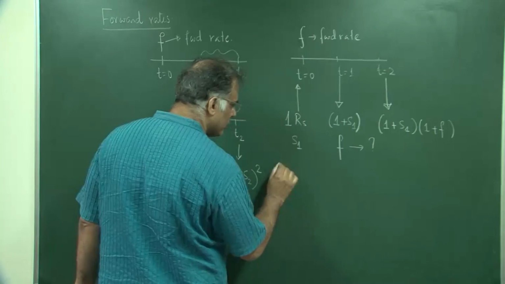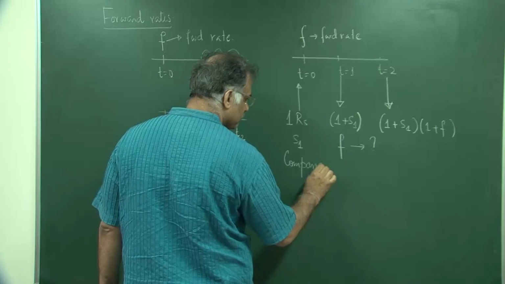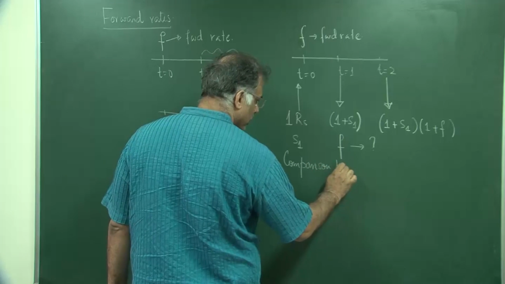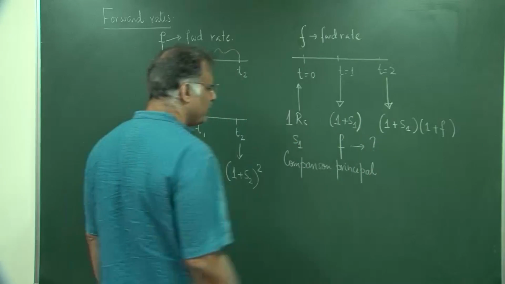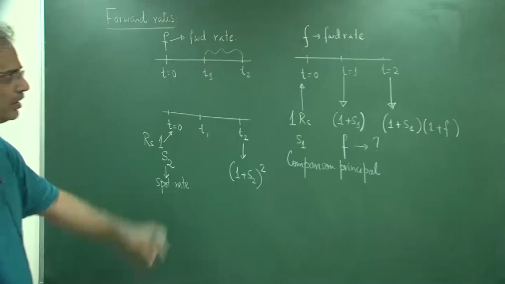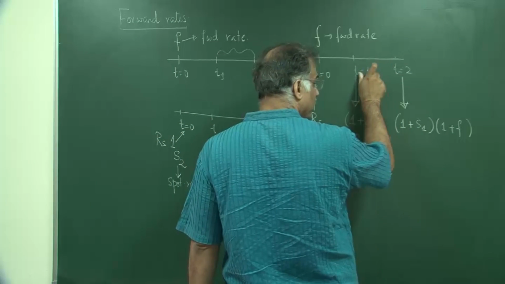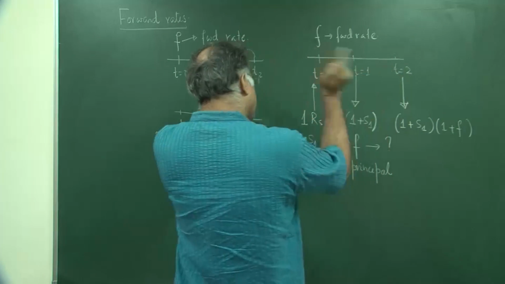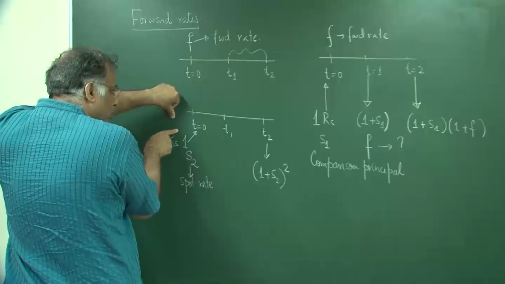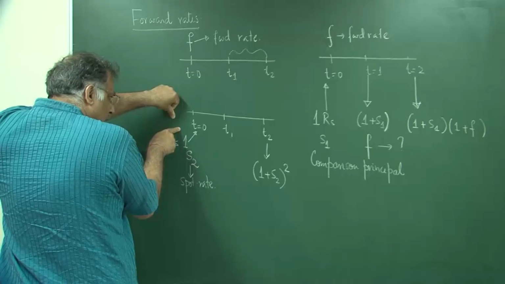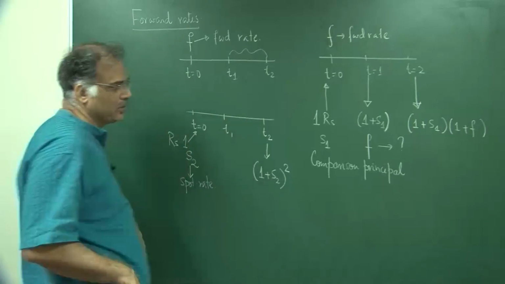We invoke what is called the comparison principle in the financial market. It says that the forward rate should be such a rate that the money that you generate by using the forward rate between T1 and T2 should be same as the amount that you would have generated if you have put the money in the bank at spot rate S2 and held it for 2 years.